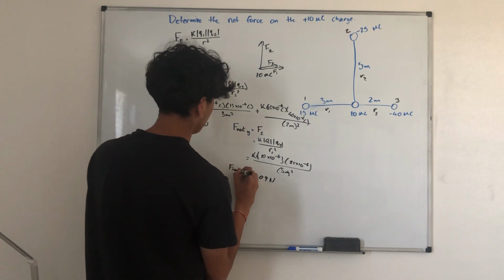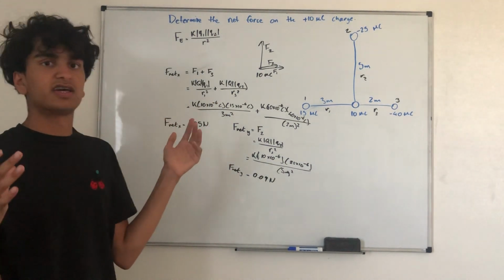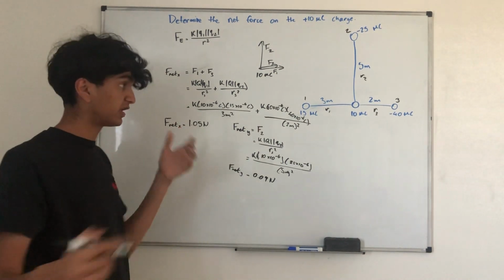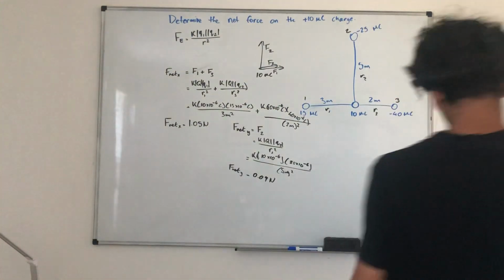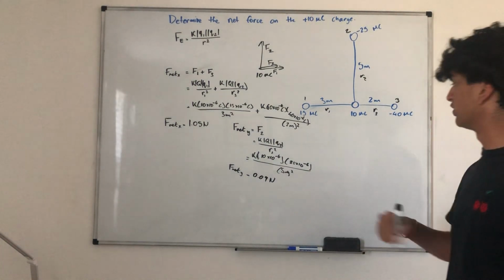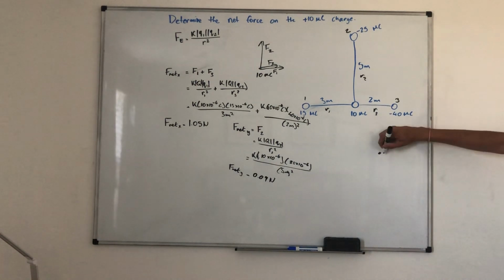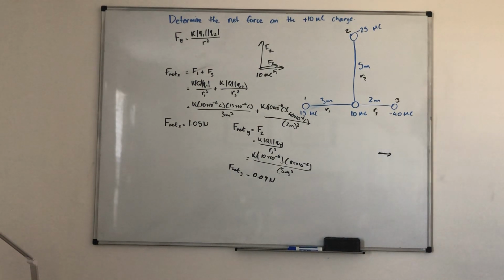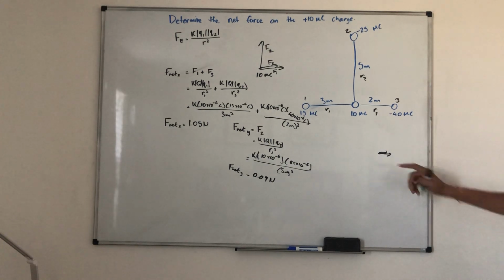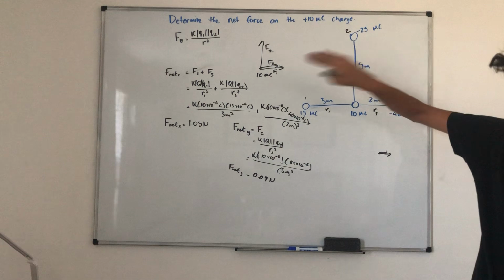Now, you might be saying, wait, why are we doing all of this like F net x, F net y? Can't I just add these two? Well, if you look at your vectors, and I have a whole video on vectors if you need some review, if we draw back our FBD, we're going to have F1 and F3.